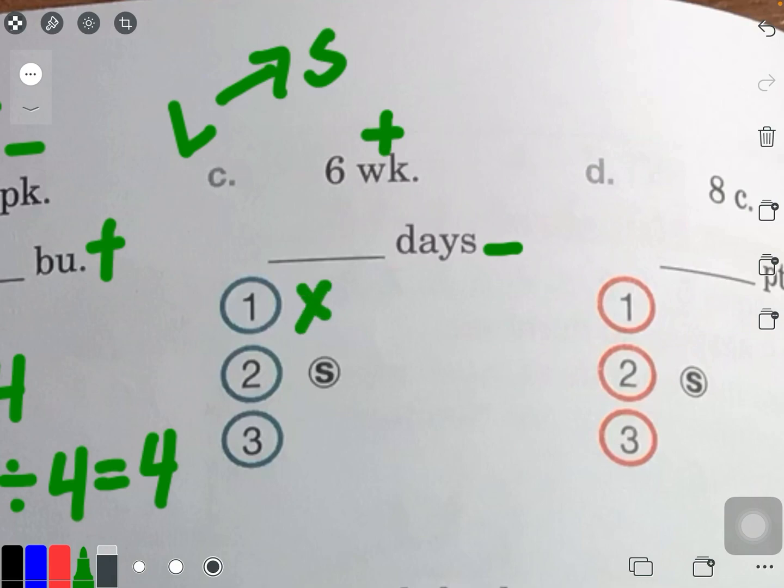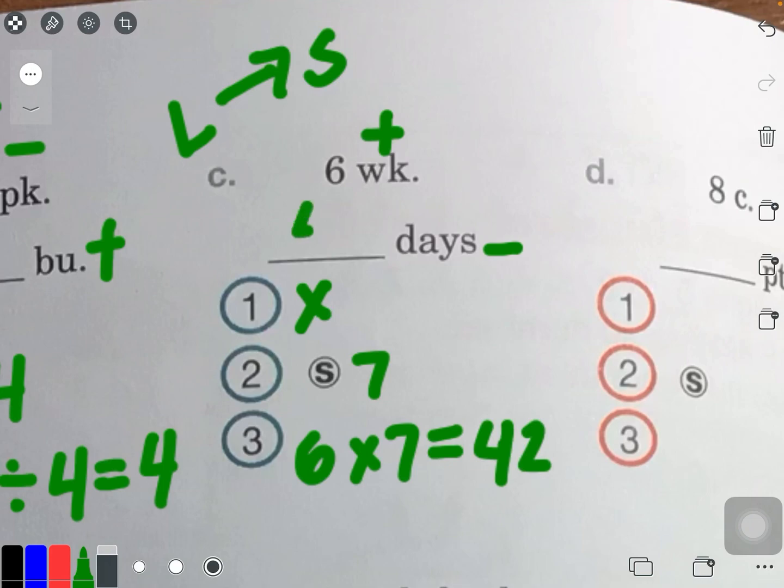Now, I'm not going to say how many weeks are in a day. That doesn't make any sense. But I am going to ask how many days are in a week. So how many days are in a week? 7. So that means this is 6 times 7. 6 times 7. Or 7 times 6. Same idea. If you know your 6 times tables and your 7 times tables, you should know this. 42.